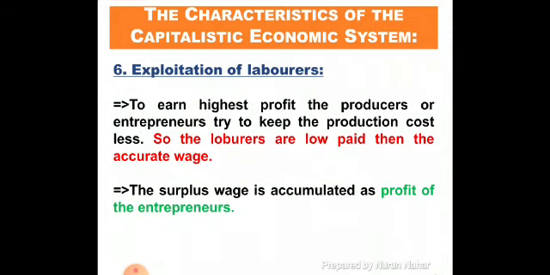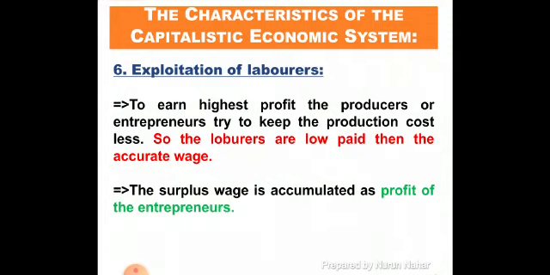So the laborers are paid less than the accurate wage. The producers make surplus wage, and the surplus wage is accumulated as profit of the entrepreneurs.